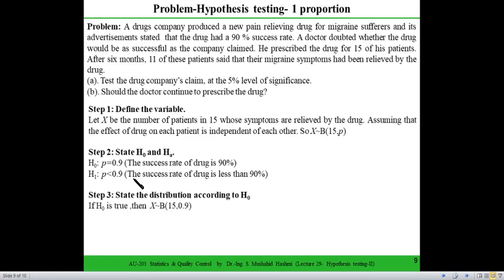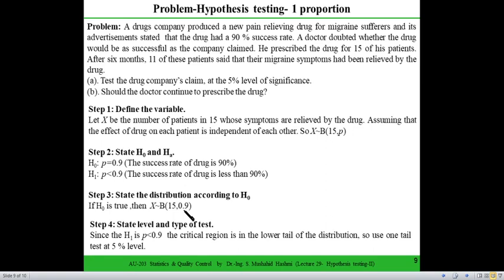In the third step, we need to find the distribution on which the null hypothesis is based. If the null hypothesis is true, then it follows a binomial distribution with a success rate of 90%. Then we state the level and the type of the test.